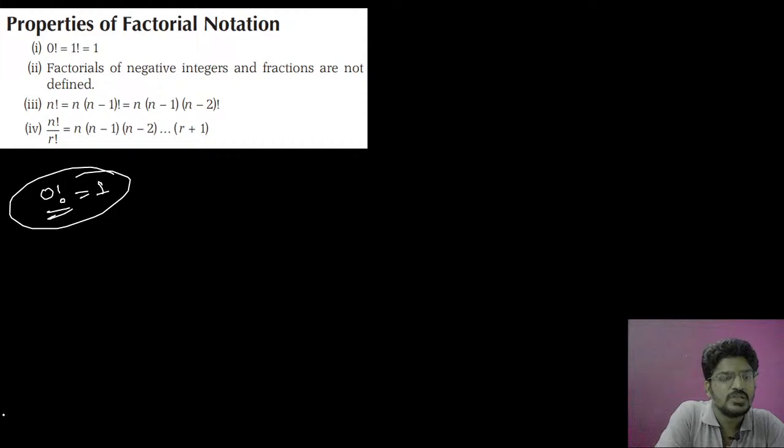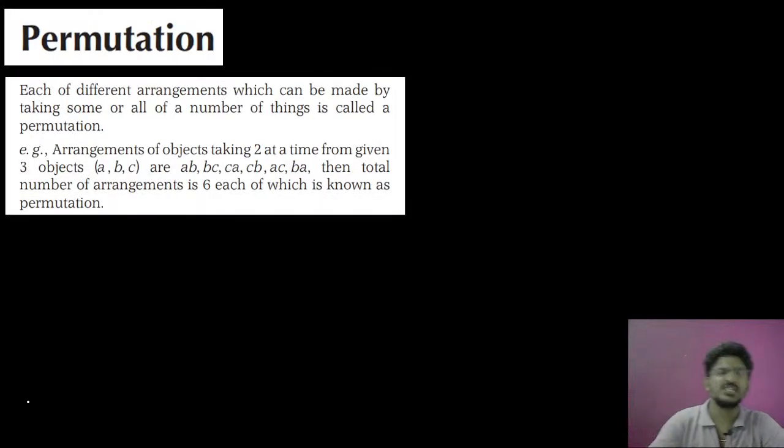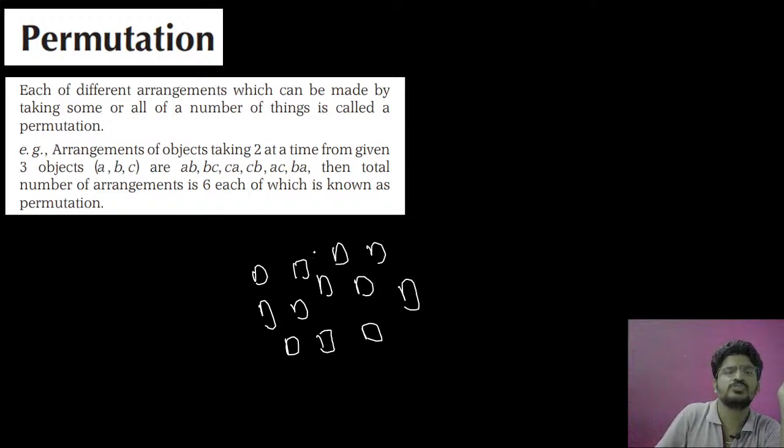So now we can go for the next concept, that is permutation. Permutation means, you just see here, I have some n number of objects. Take this as n objects.